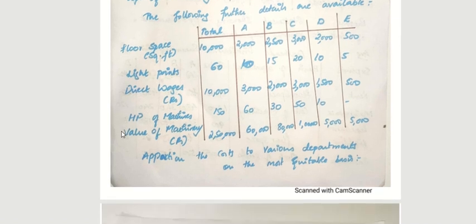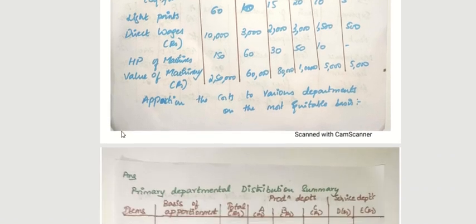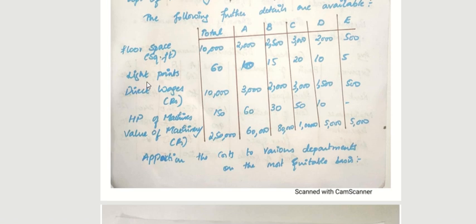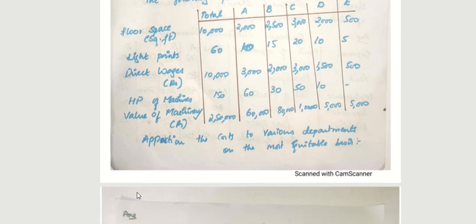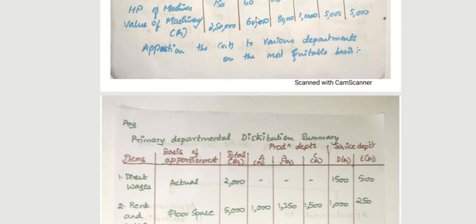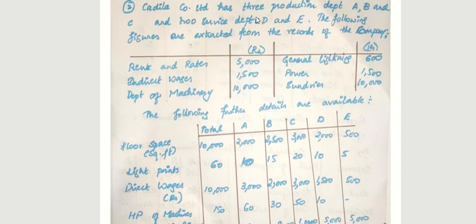The same way we did the previous sum, you can do this. So if you have direct wages, direct materials and direct expenses given in the question, at that time what you will basically do is start the question with the direct expenses. Considering it as indirect expenses, you will apportion the direct expenses only to the service departments. So here they have given the service departments and production departments.